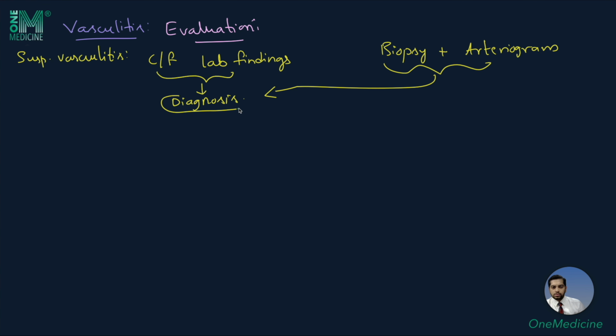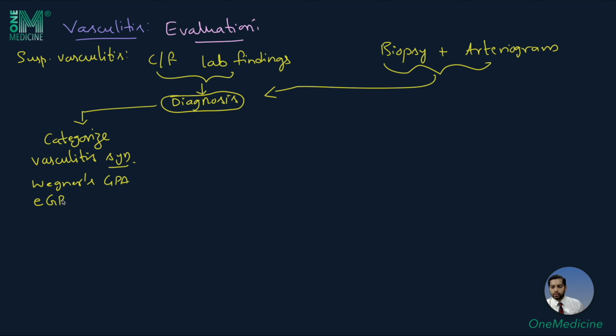And once the diagnosis of vasculitis is established, it is important to categorize it to a particular vasculitis syndrome. Examples include Wegener's granulomatosis or granulomatosis with polyangiitis, or eosinophilic granulomatosis with polyangiitis, or microscopic polyangiitis, or polyarteritis nodosa, or Takayasu arteritis. And these patients are further treated according to the guiding regimens.